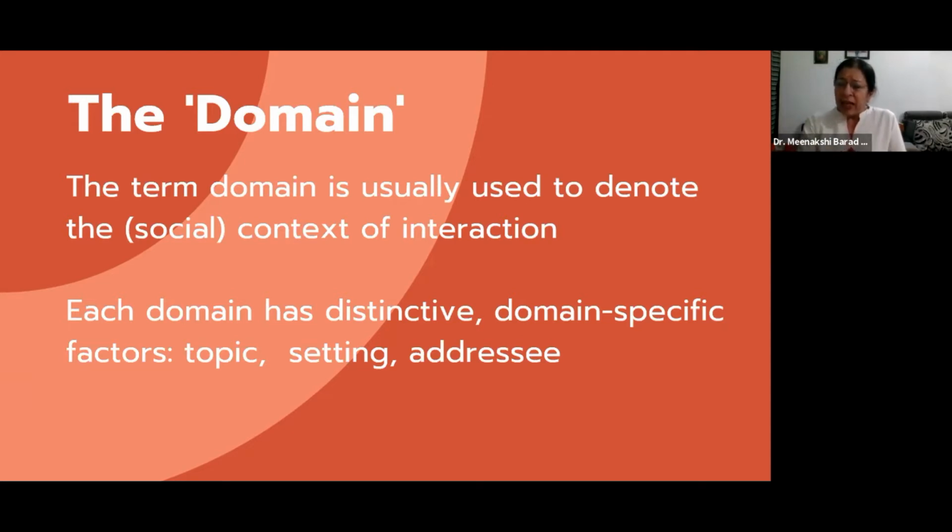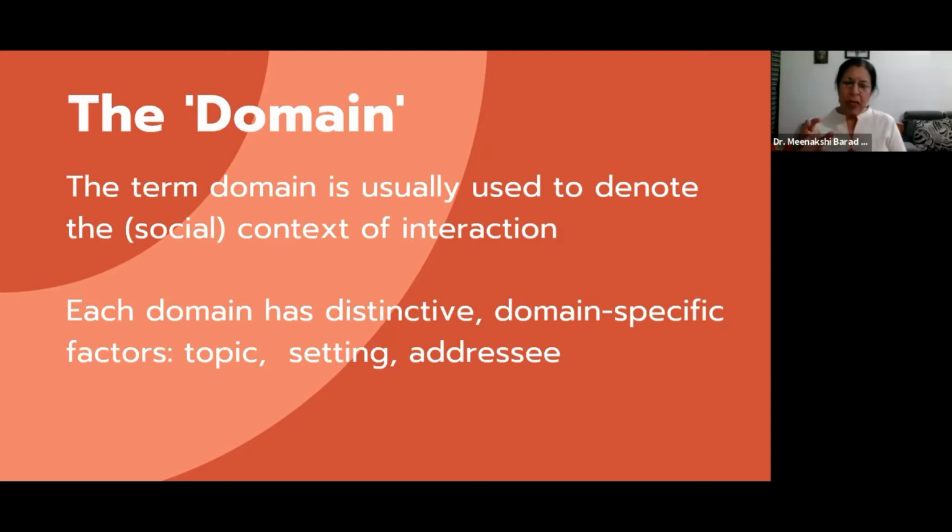there are the factors. Each domain has distinctive domain-specific factors. That is the topic, the setting, and the addressee. Typical domains in a speech community could include family, religion, education, employment, and friendship.